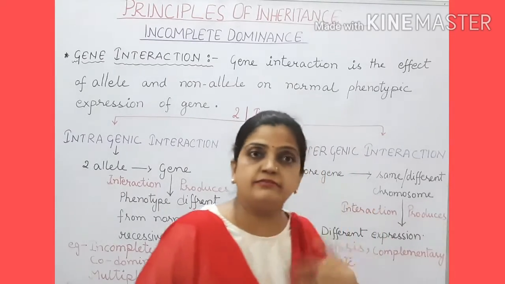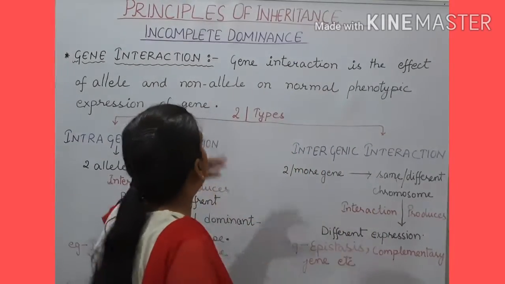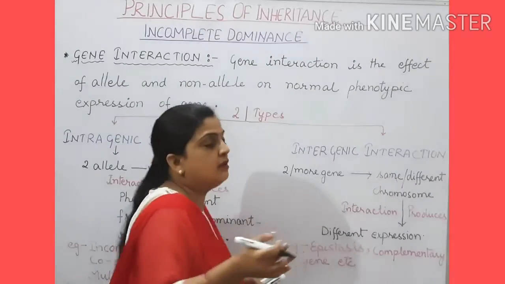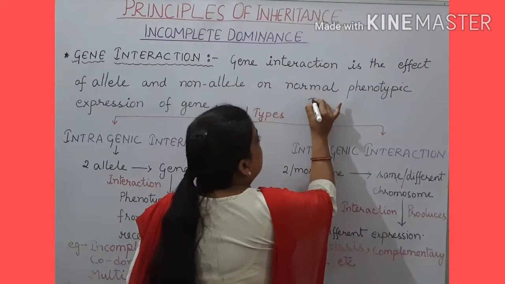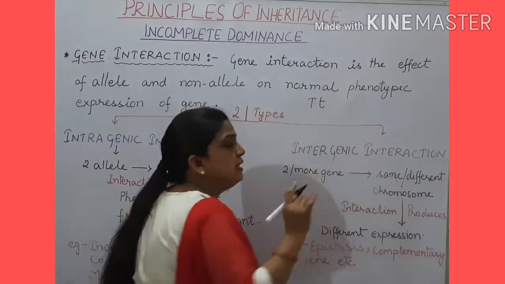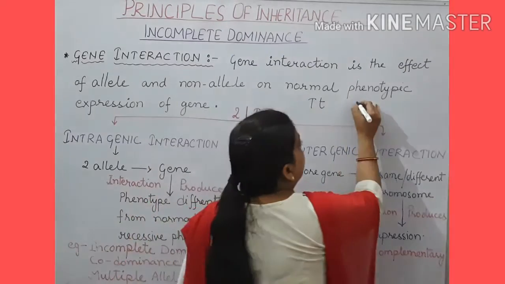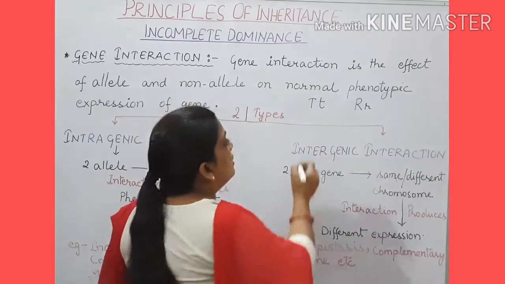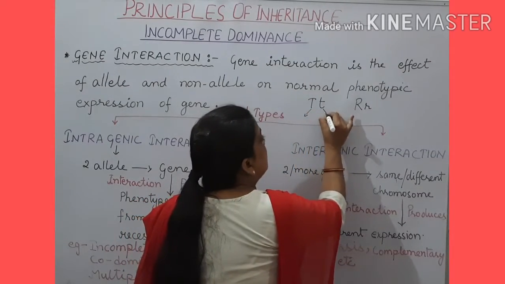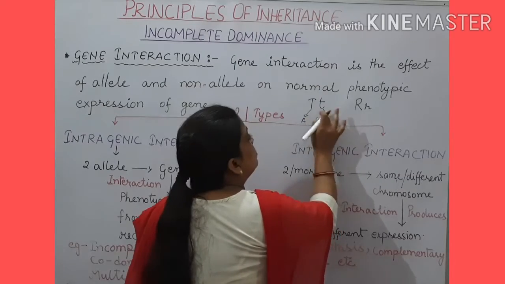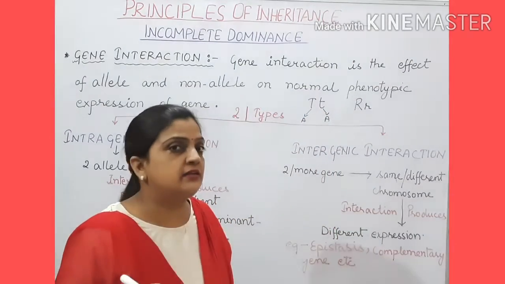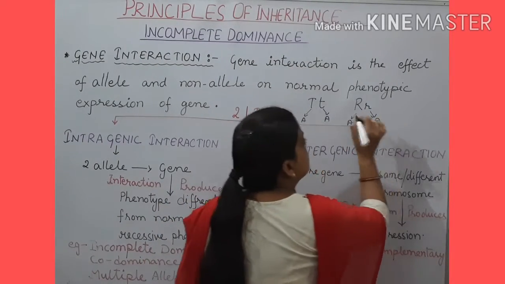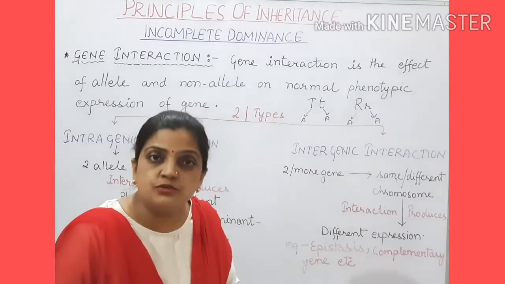As you know, we have studied before what is allele and non-allele. This concept is not to be made clear again now, but what is an allele? For the character height, I am taking capital T and small t. For shape, I am taking capital R and small r for round shape. These are alleles: there are two alleles present for the character height, and capital R and small r are the alleles responsible for the character round shape.